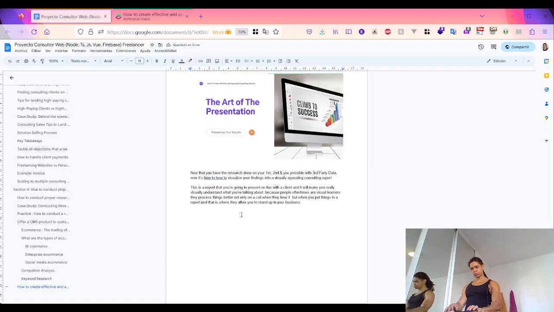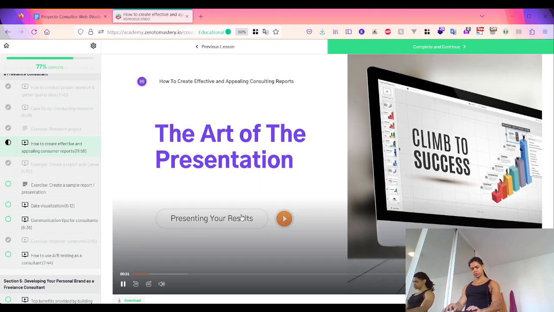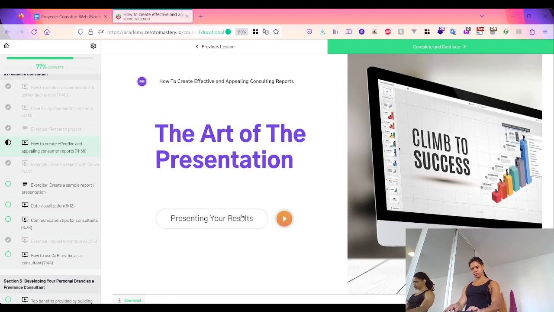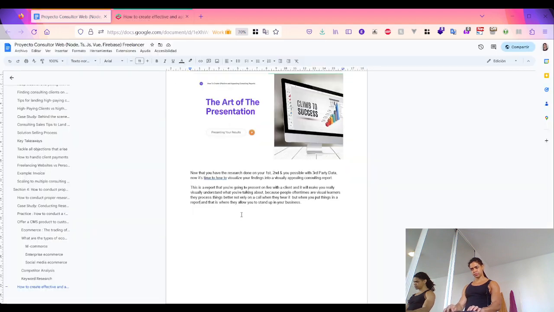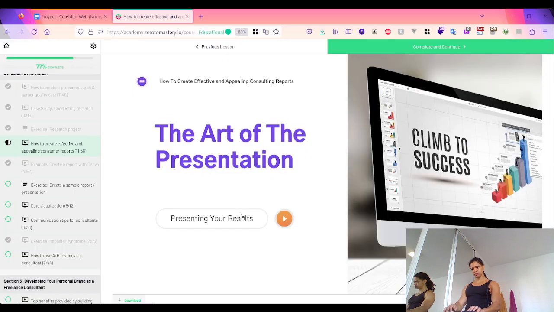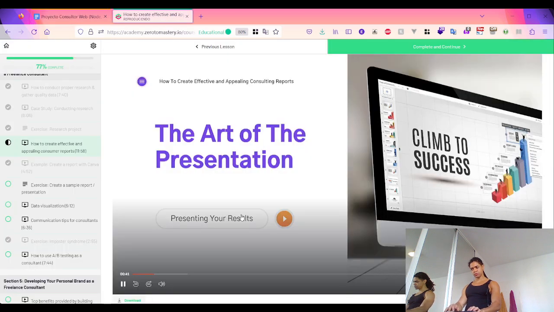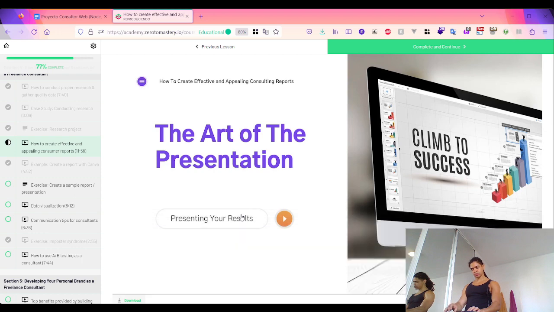People oftentimes are visual learners. They process things better, not only just on a call when they hear it, but when you put things into a report, and it also goes above and beyond, especially when you don't kill them with death by PowerPoint and just have a bunch of words on the screen.